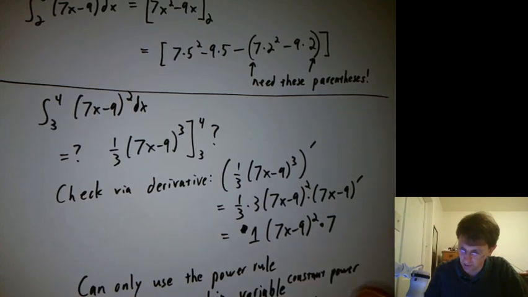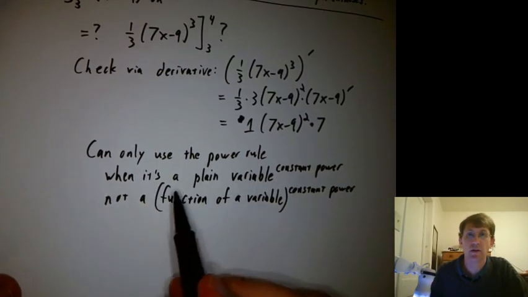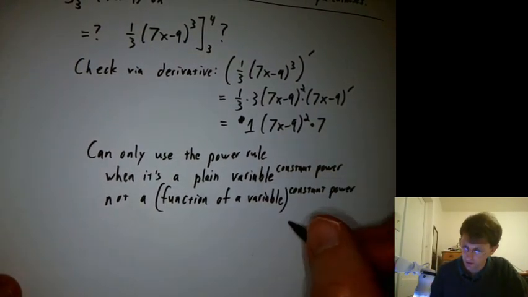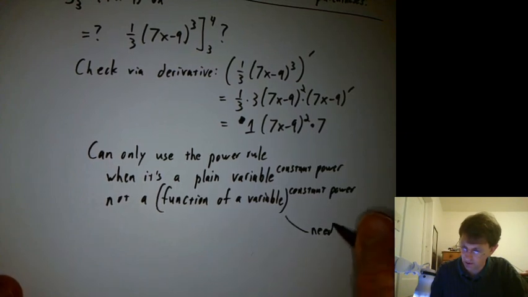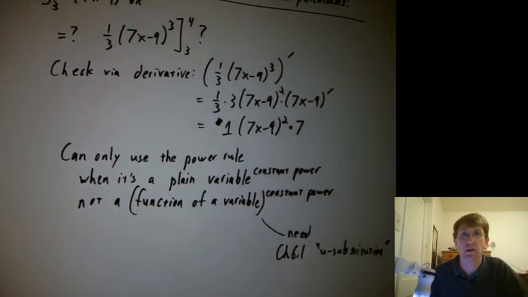For a function of a variable to a constant power, you need chapter 6.1, u-substitution, and we'll get there pretty soon.